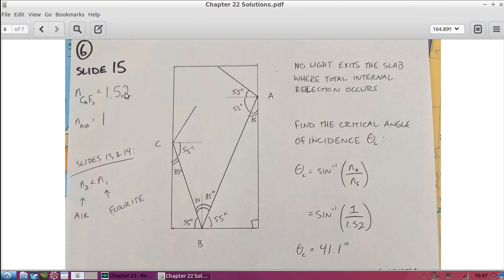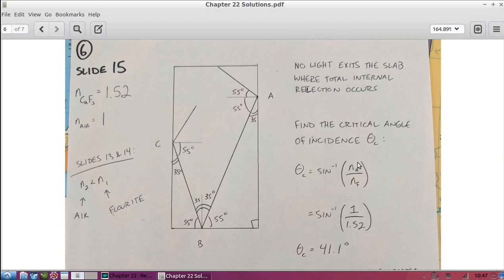So I've got my indices of refraction. Fluorite is 1.52 and air is 1. So air is my n sub 2. It's less than n sub 1. If you get these switched around, odds are you're going to get a calculator error.